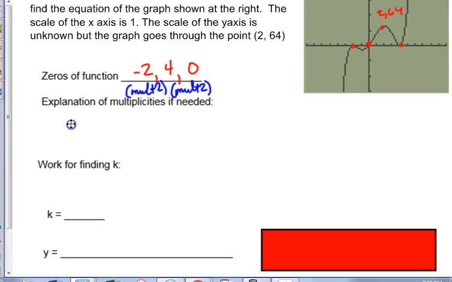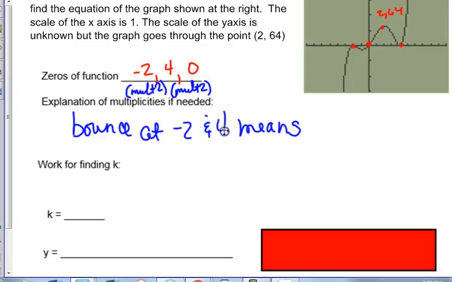But here's where you're going to want to write something like, I know that, just say the bounce, where is the bounces? -2 and 4. And just say means that there's a multiplicity that's even, or you could just say 2, I don't care. All right? It doesn't have to be anything fancy.